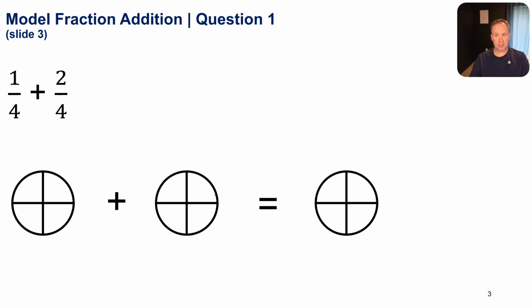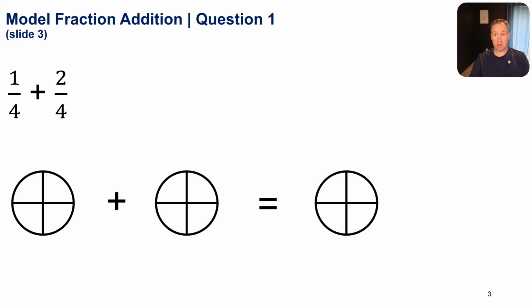Now to really illustrate this concept, I've started with a fraction addition problem where we're modeling these out using some visual representations. So we are going to add 1/4 plus 2/4 using this model. Right now our fractions are in fourths, right?